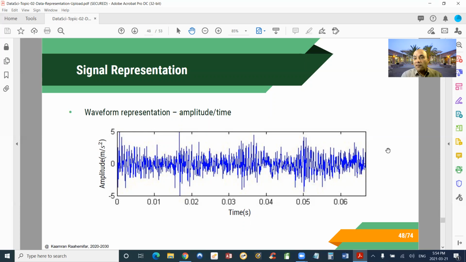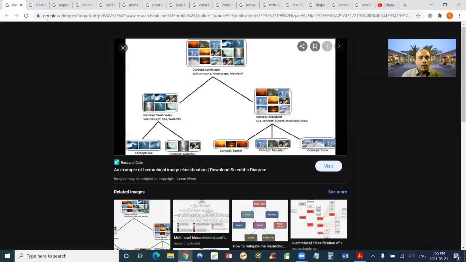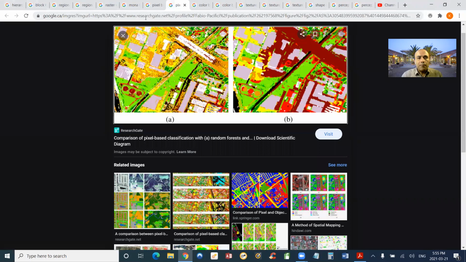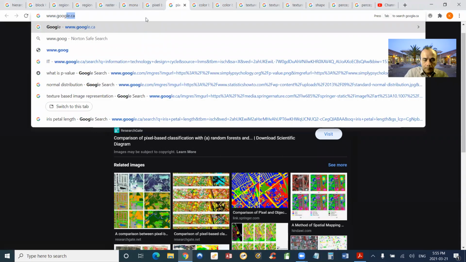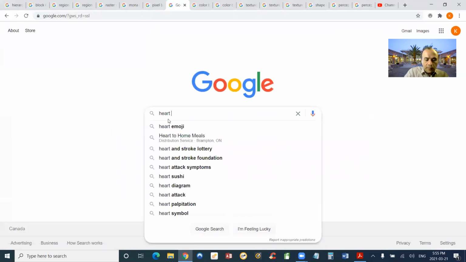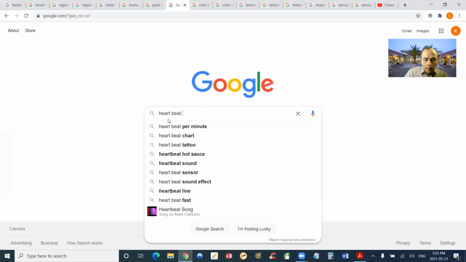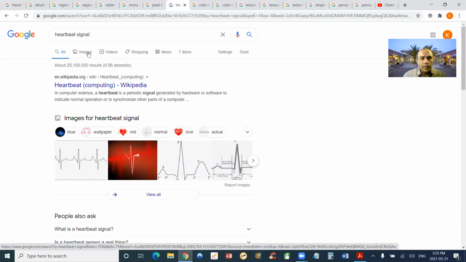Your heartbeat, for example, generally speaking, if I wanted to use the heartbeat example, let me grab an example here. I'm going to say heartbeat signal. This is a heartbeat signal, right? So take a look at this.